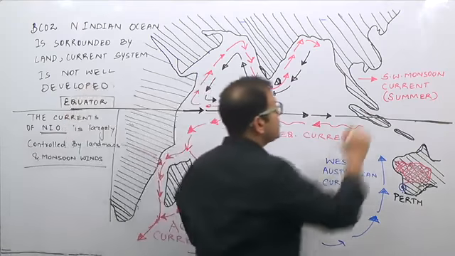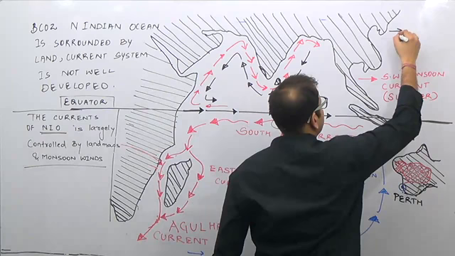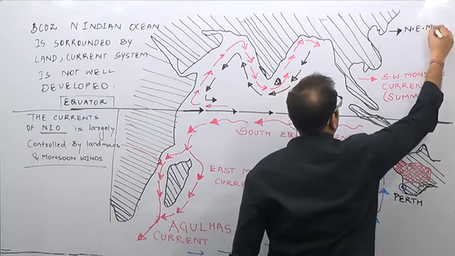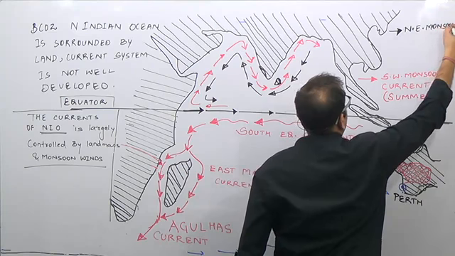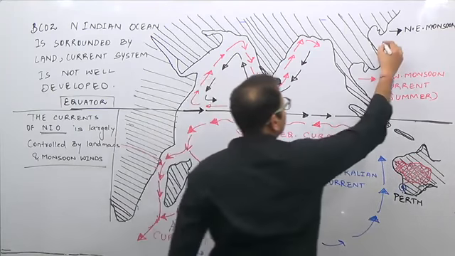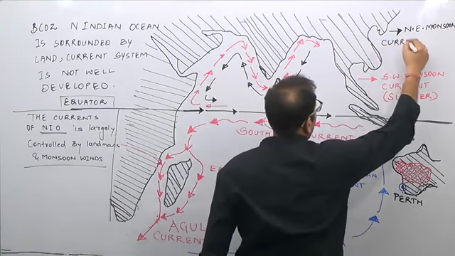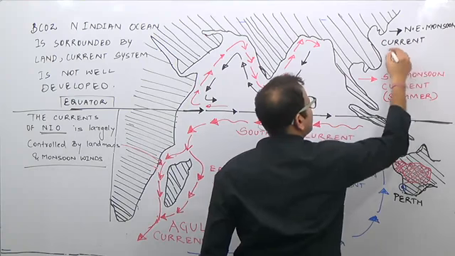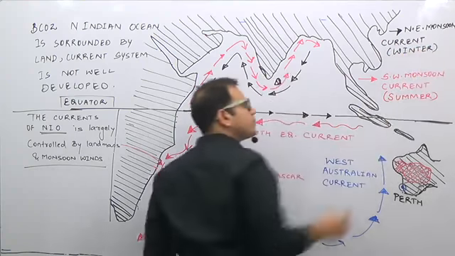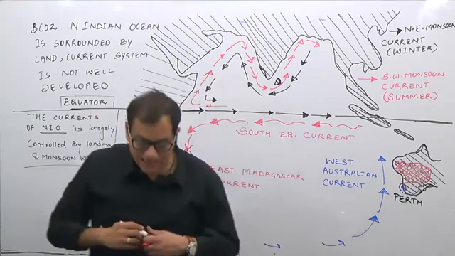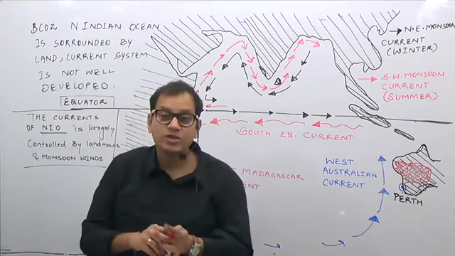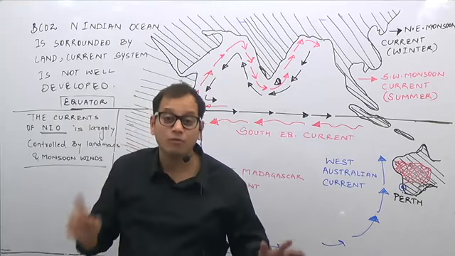The northeast monsoon current, which I have shown in black color, develops during the season of the northeast monsoon, that is during the winter season in India. So these are the current systems of the Indian Ocean. No doubt the northeast monsoon current is also, keep in mind, a warm current.